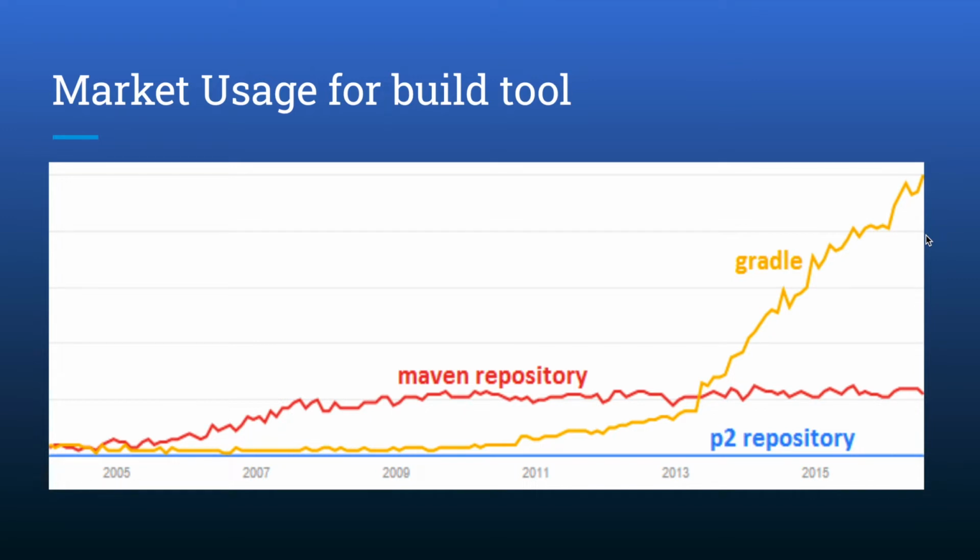So as I told you, Gradle is becoming popular in the market and industry, and it is used for large applications. As you can see, in 2004 both of the build tools came into the market. Maven is continuously used by the market, as you can see in the graph.